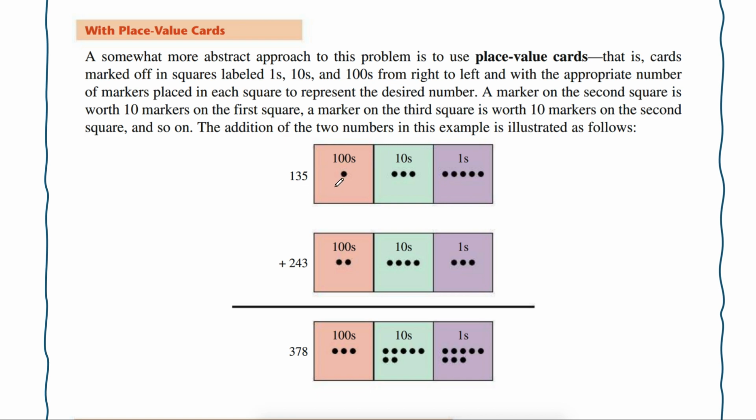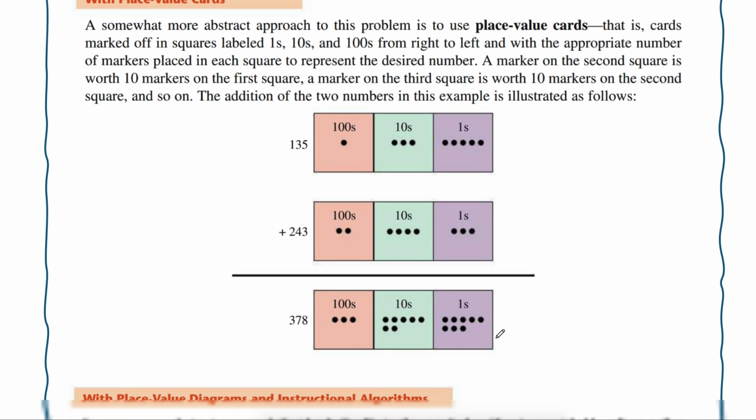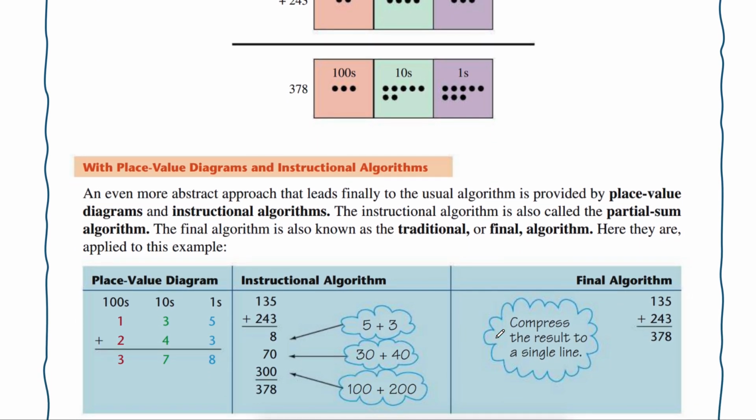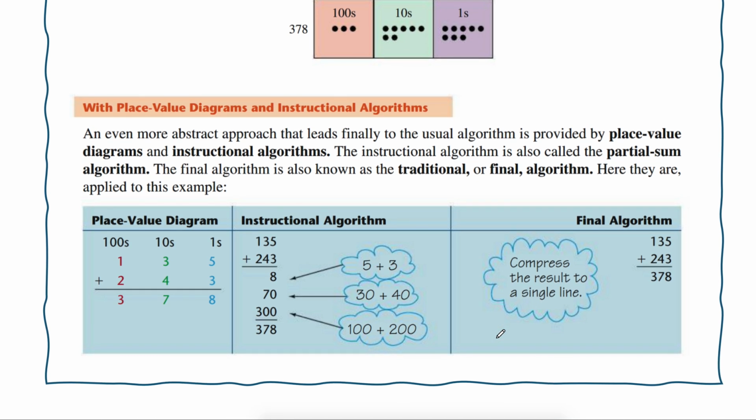So 135, 100, 3 tens for 30, and then 5 ones, and do the same thing for 243. It's just taking it a little more abstract. So when you add, here's your 300, 7 tens, 8 ones. There's 378. And then you can abstract that even more and create the final algorithm that we are more used to seeing, okay?